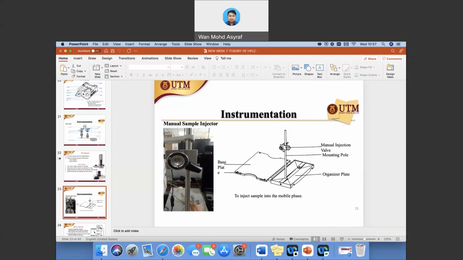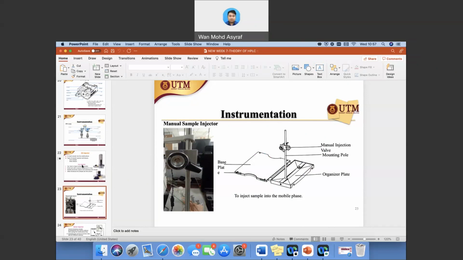You put it into this small hole here, then turn it to the other side, and it will be injected into your system.